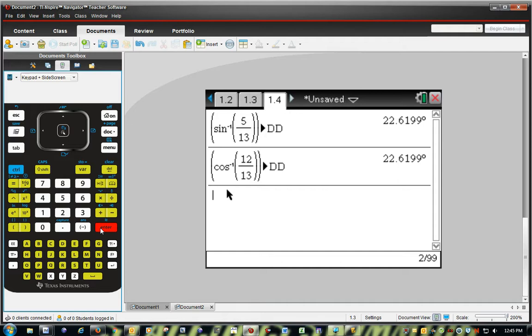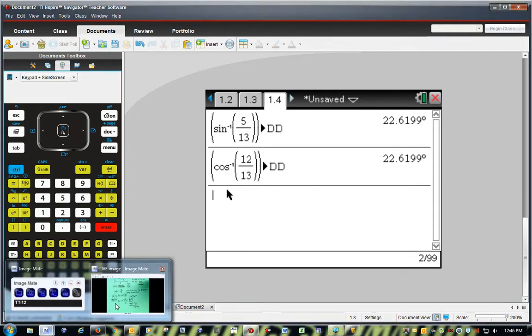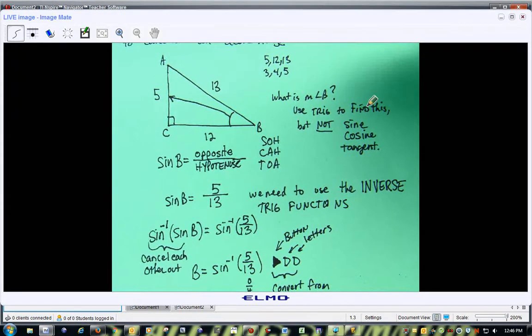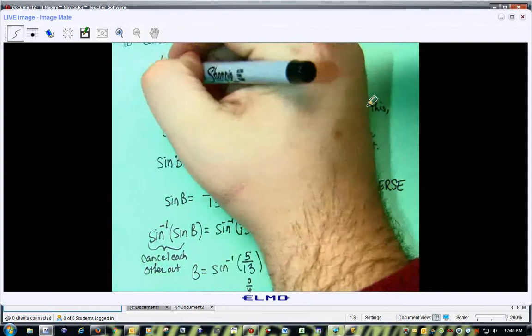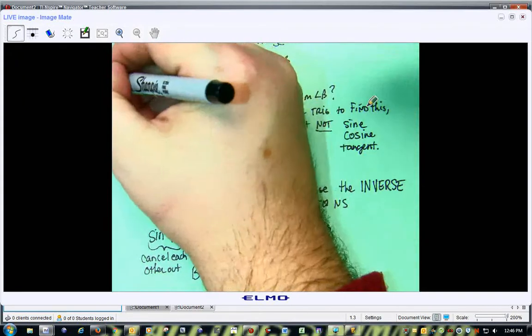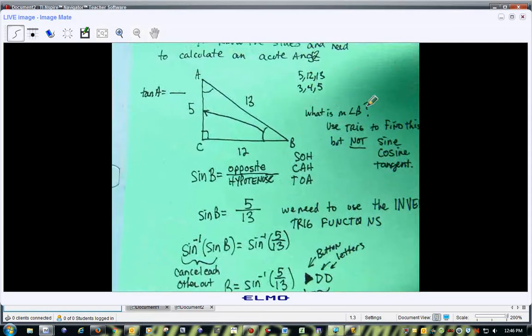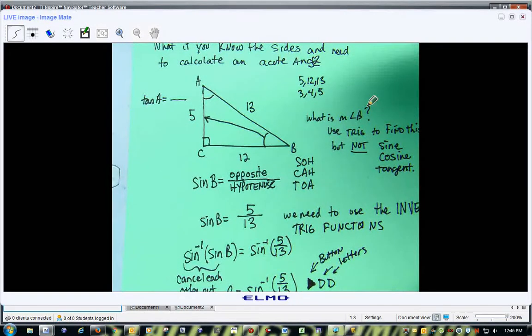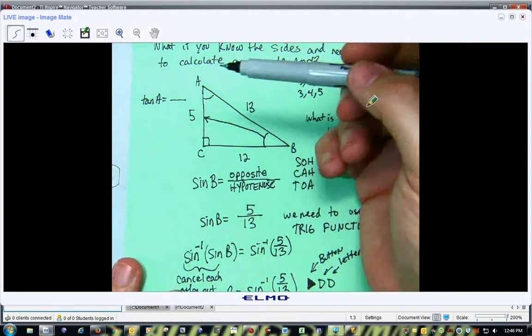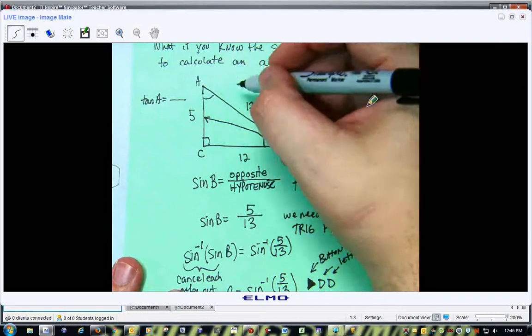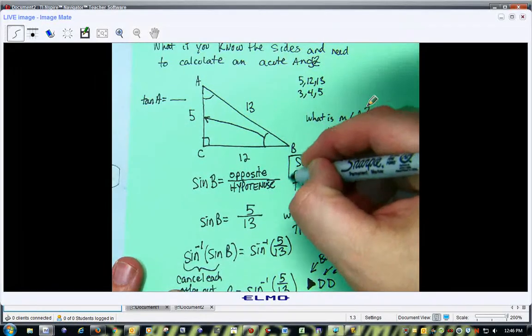Now, if we jump back to here and I want to find angle A. Now, angle A, I want tangent. I want to use my tangent of A. So the tangent of A is, if I use the SOHCAHTOA, the tangent is what? Opposite over adjacent.